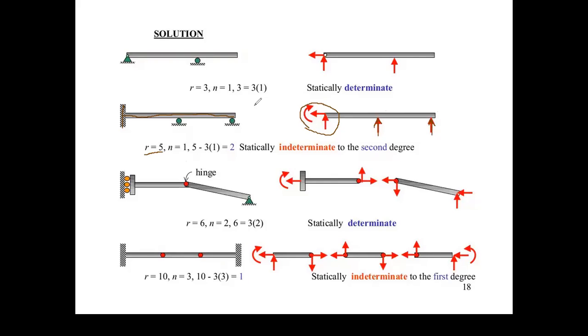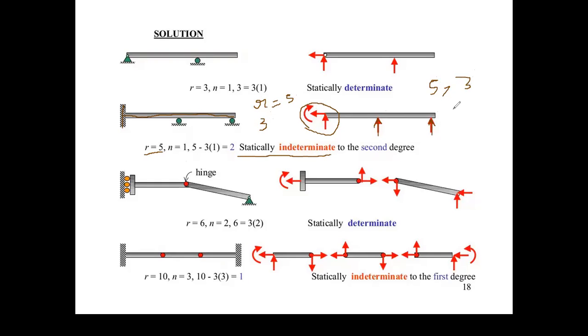R comes out to be 5, 3N comes out to be 3. So 5 is greater than 3. That means the structure is statically indeterminate. Now we have to find out the degree of indeterminacy.